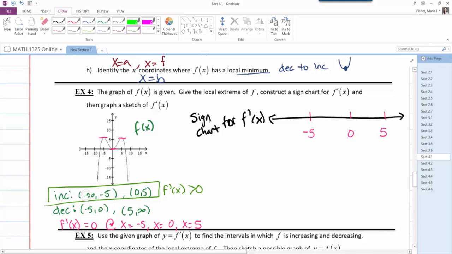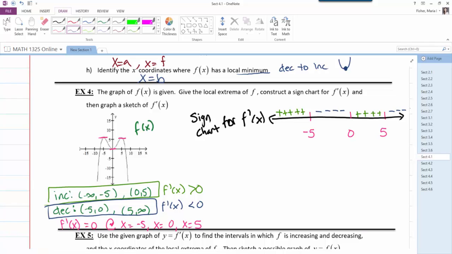So from the interval from negative infinity to negative 5, I am increasing. From the interval from 0 to 5, I am also increasing. So the value of the first derivative is greater than 0. And then here I know that I am decreasing, which means the value of the first derivative is less than 0. So from the interval from negative 5 to 0, I am decreasing. And from the interval from 5 to infinity, I am also decreasing.